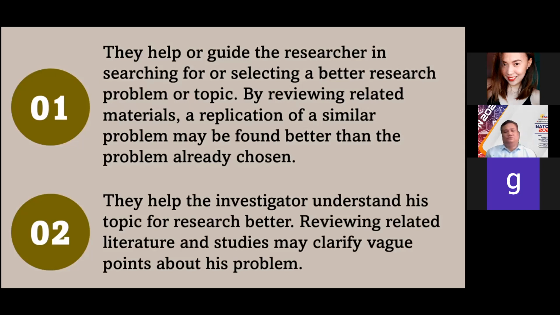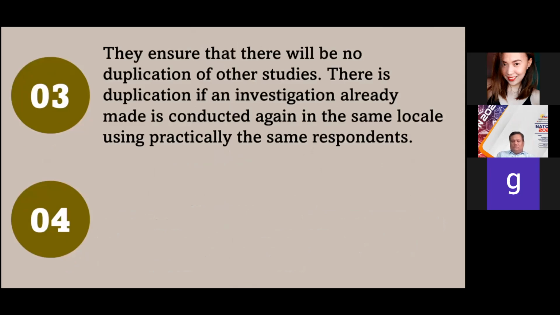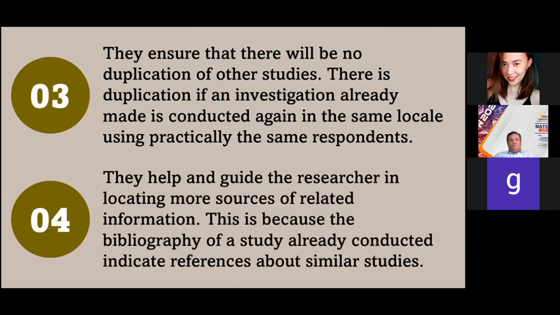They help the investigator understand his topic for research better. Reviewing related literature and studies may clarify vague points about his problem. 3. They ensure that there will be no duplication of other studies. There is duplication if an investigation already made is conducted again in the same locale using practically the same respondents.